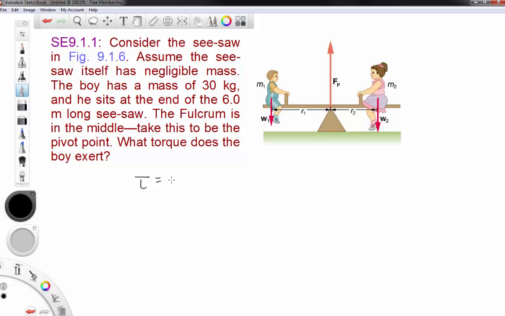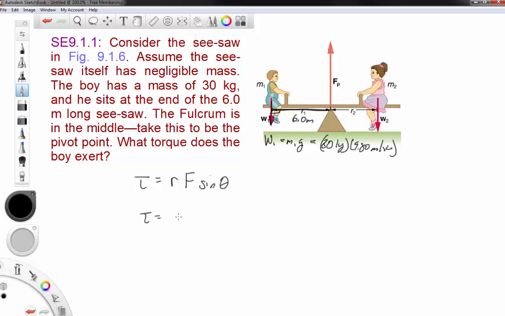The torque is going to be given by radius times force times the sine of the angle between them. The radius is this right here, 6.0 meters. The force is his weight. Since we're assuming this is in balance, this is a 90-degree angle, and his weight is going to be his mass times the gravitational acceleration, 30 kilograms times 9.80 meters per second squared.